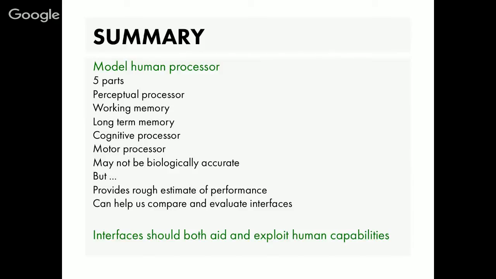They all have these decay properties. They all have limitations. They can't hold infinite amounts of information. And then finally, this motor processor to send things out. Caveat, this is not 100% accurate, but these are good at getting first pass estimates. And like I promised, I'll show you some subsets of this human model processor that are extremely accurate for HCI design. So interfaces should both aid and exploit the human capabilities.